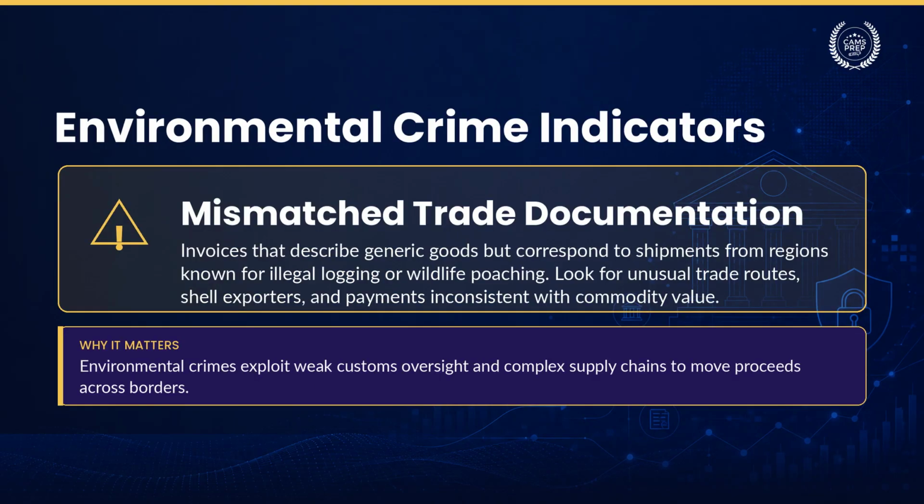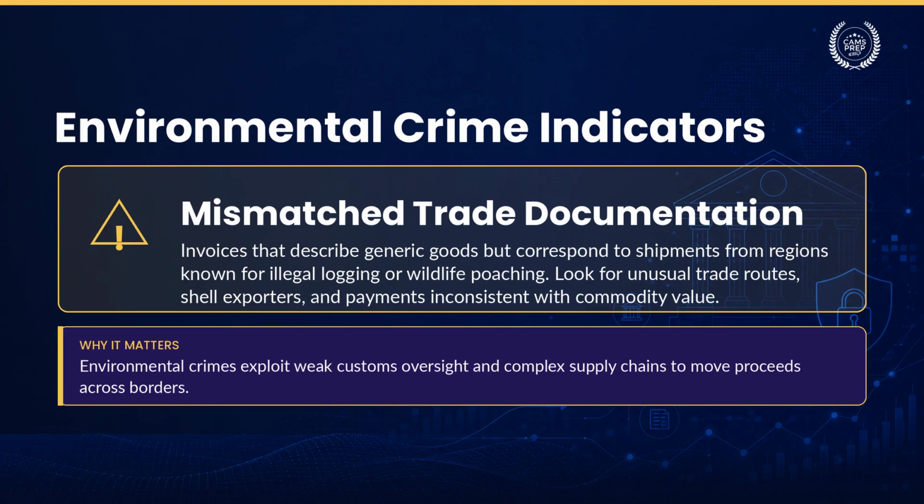Here is a critical red flag pattern for environmental crime. Watch for invoices that describe generic goods, like timber or wood products, but correspond to shipments originating from regions known for illegal logging or wildlife poaching. Unusual trade routes that don't make commercial sense.